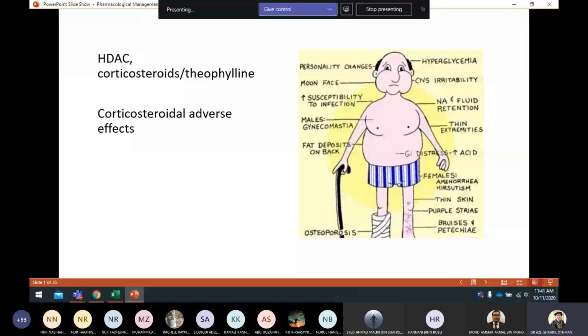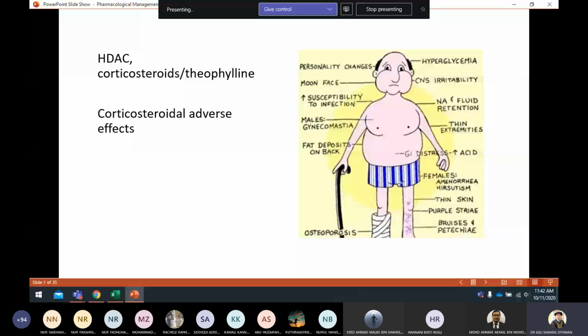One involves phosphodiesterase, the other involves adenosine. And the third mechanism, if you refer to Katzung, there is also a third mechanism that involves the acetylation of histone, or the enzyme HDAC.